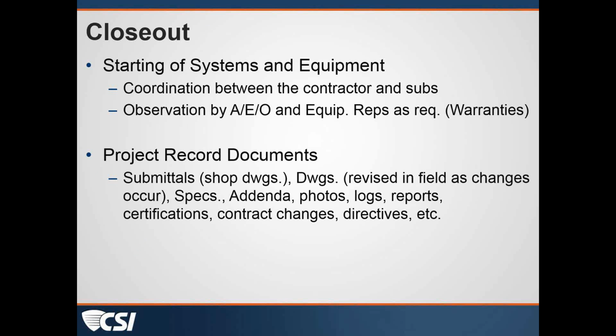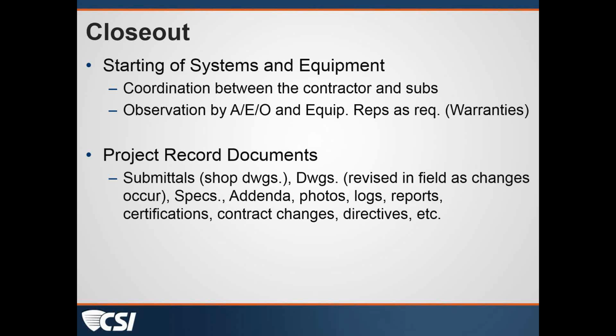They are responsible for the coordination between the required subs to have the equipment field verified as it needs to be for the issuance of warranties, to have the startup happen as the manufacturer's requirements stipulate, and also to arrange for observation by the architect, engineer, owner, and or those factory representatives that are necessary to see startup of equipment occur.